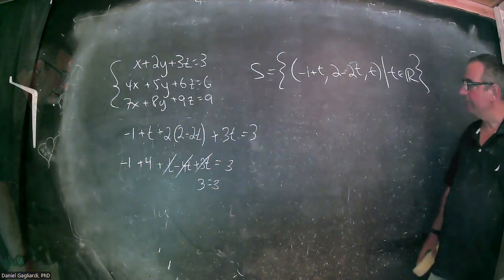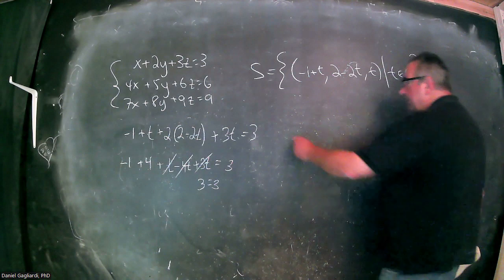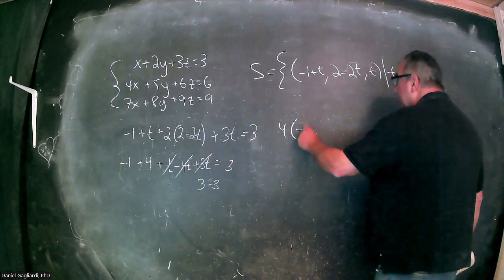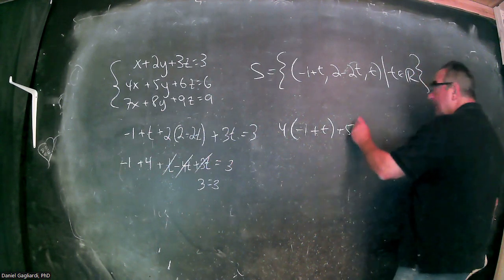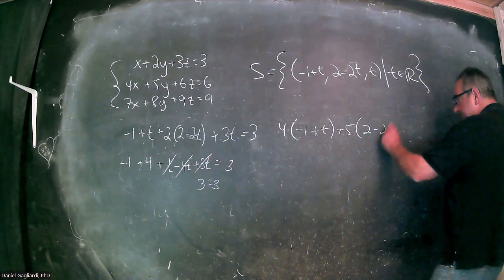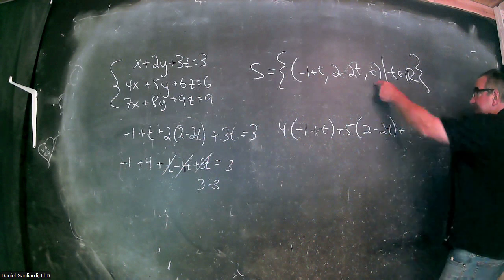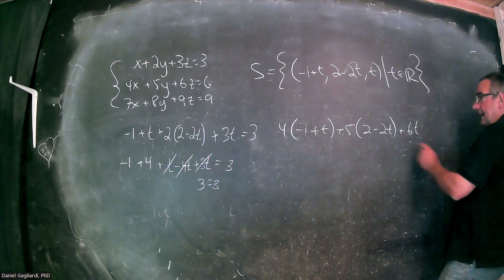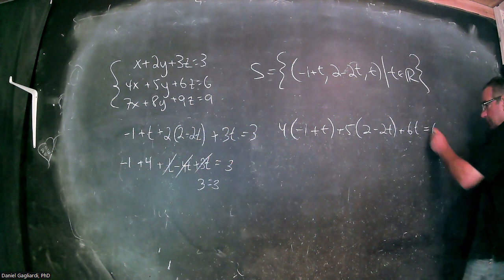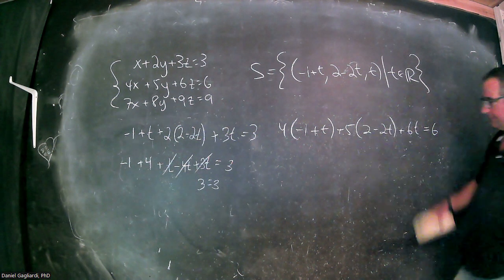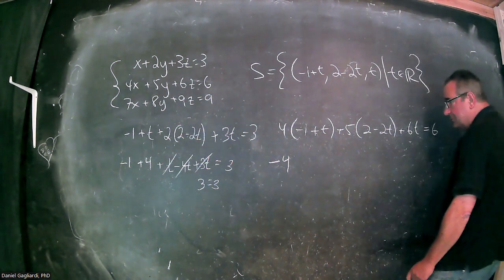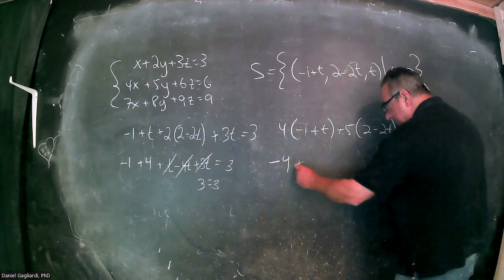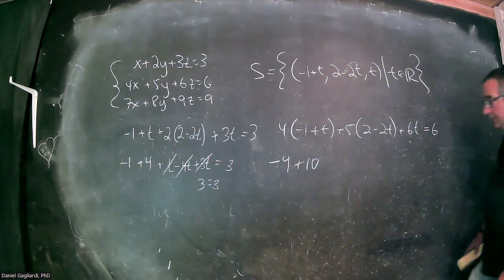So let's see what we have for equation 2. Well, we have 4 times the quantity -1 plus t. Then we have 5 times the quantity 2 minus 2t. And then we have 6 times t. And that all is to be equal to 6. So let's see what we have in terms of numbers. In terms of numbers, we have 4 times -1, which is -4, and 5 times 2, which is 10. That's looking good, right?